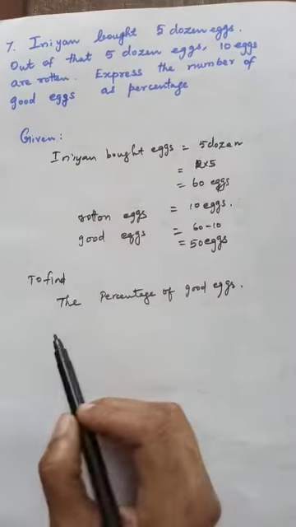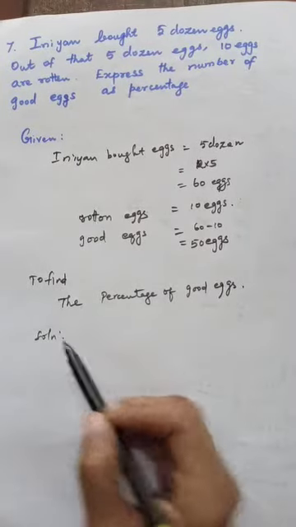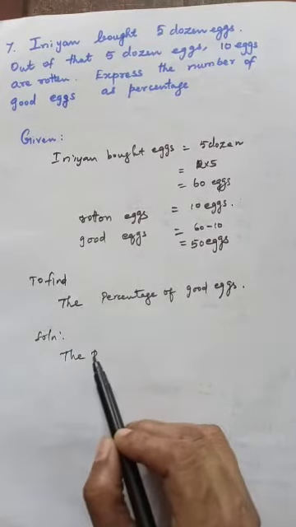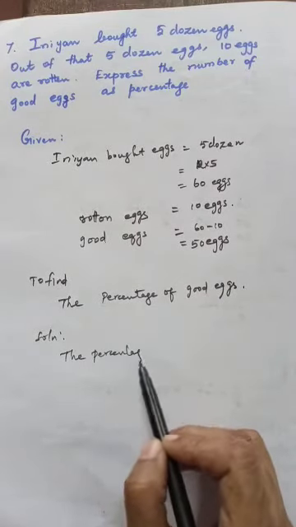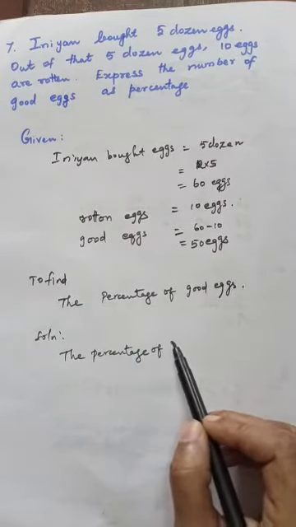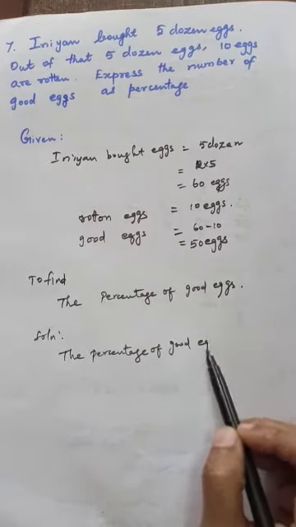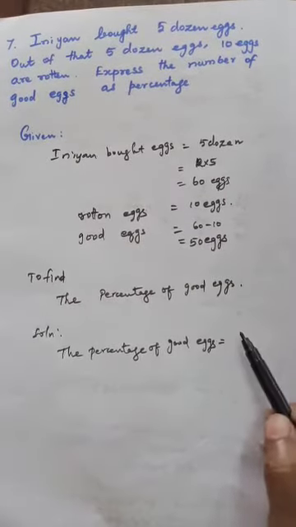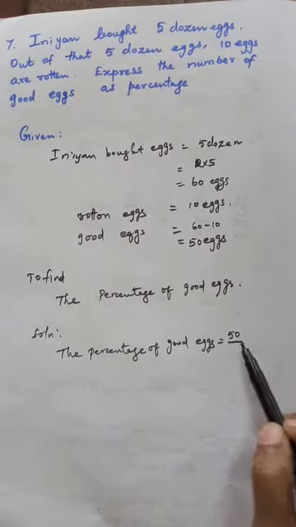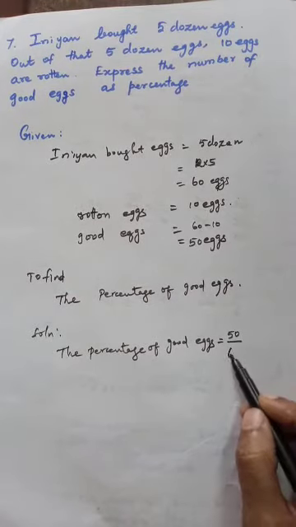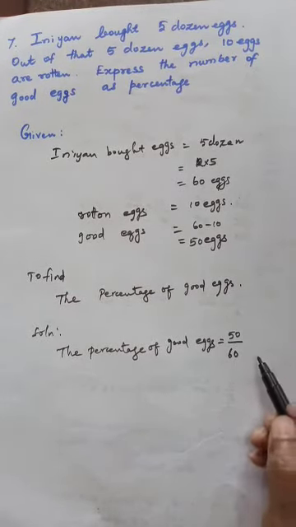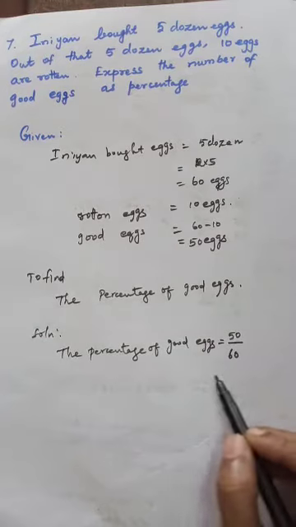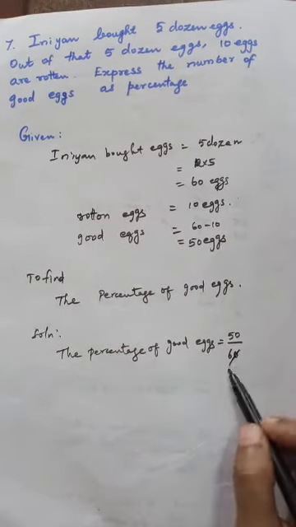Okay, then solution, you have to see that the percentage of good eggs is equal to 50 out of how much? Out of 60, 50 are good eggs, isn't it? So 50 by 60, the 0 gets cancelled.